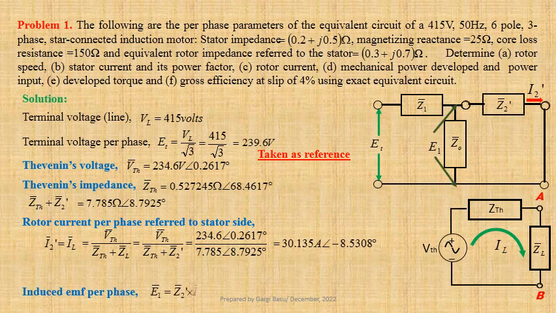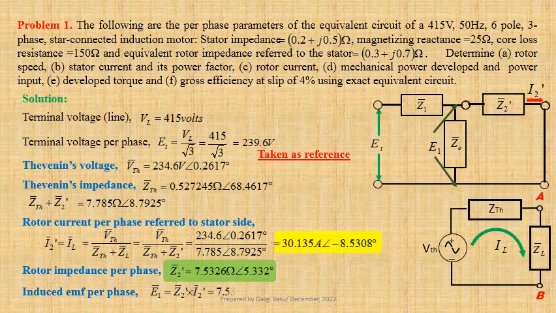Now we shall calculate induced EMF per phase. E1 equals Z2 dash into I2 dash. We have determined rotor impedance per phase referred to the stator Z2 dash equals 7.5326 ohm at an angle 5.332 degree. Therefore, E1 equals 7.5326 at an angle 5.332 degree into 30.135 at an angle minus 8.5308 degree.